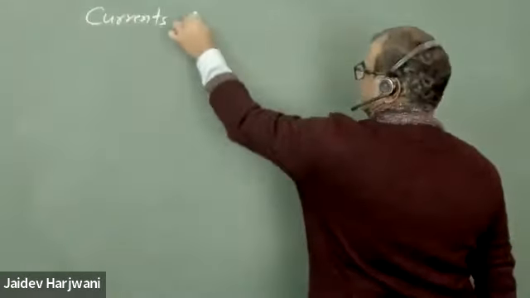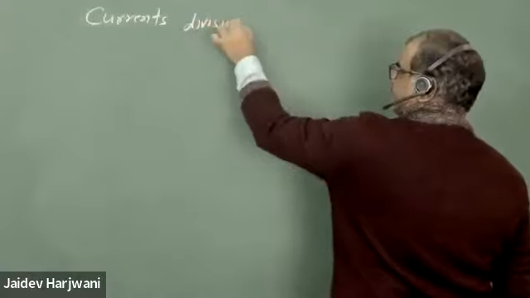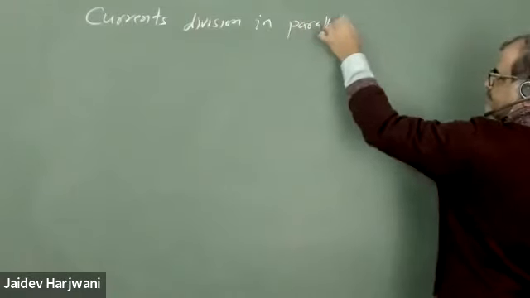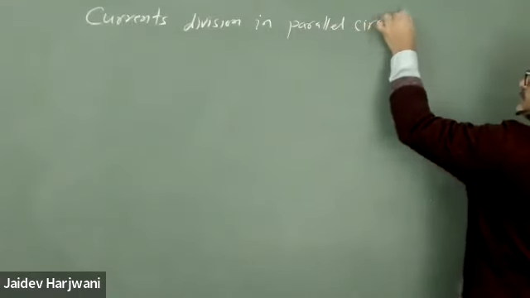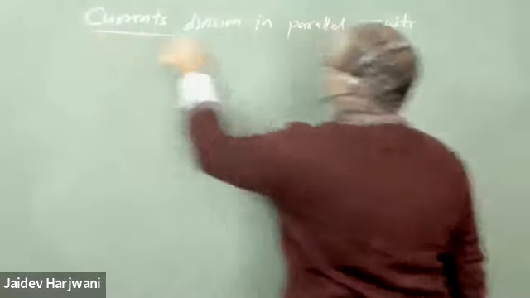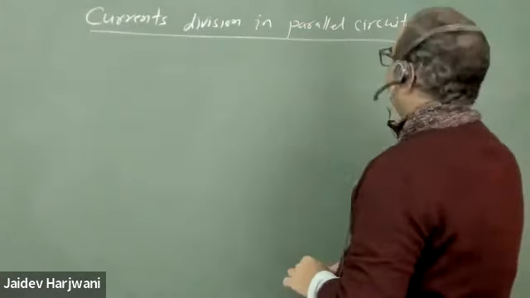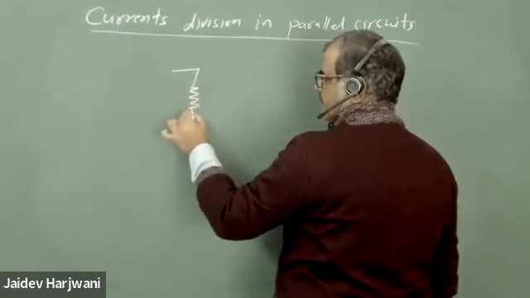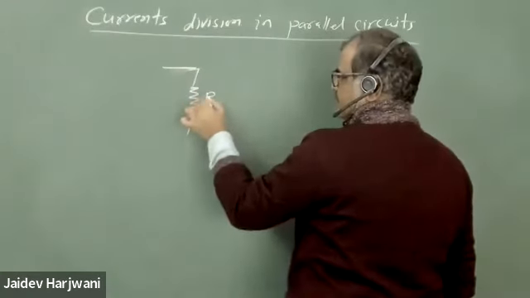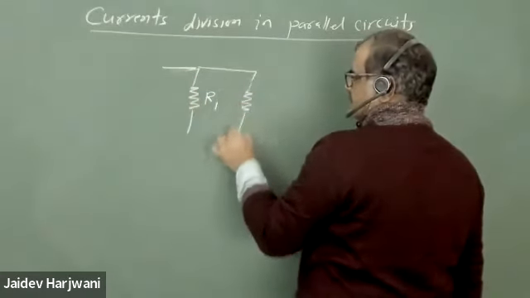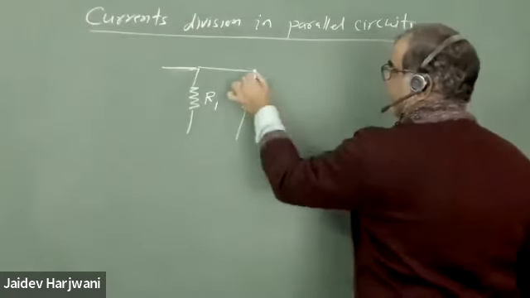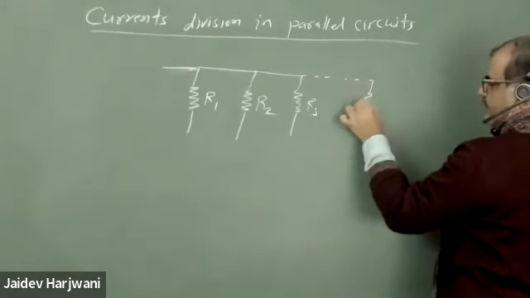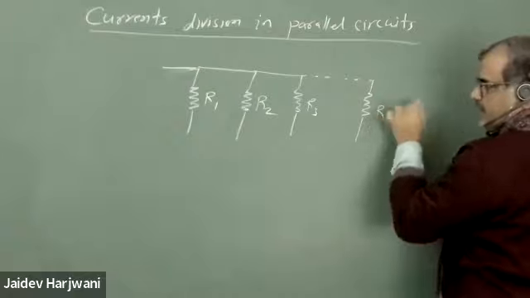So current division in parallel circuits. Now suppose I have n resistances in parallel. Say this is R1, this is R2, this is R3, and we have this Rn resistance here.